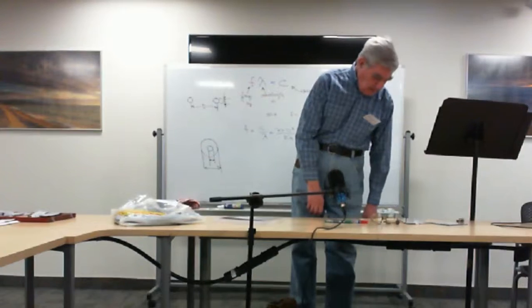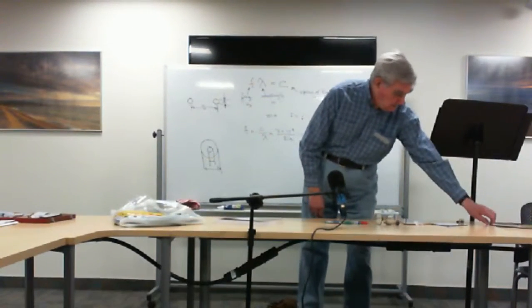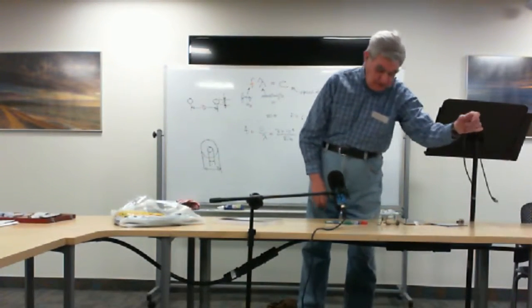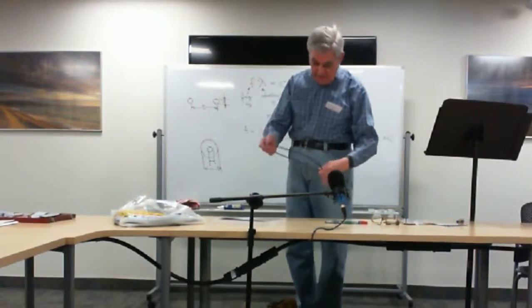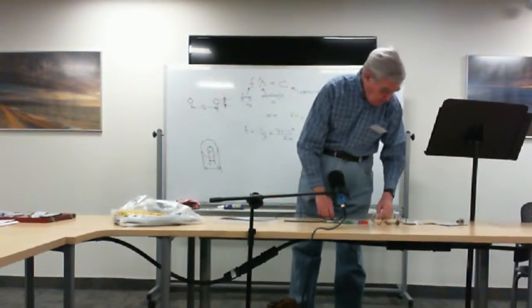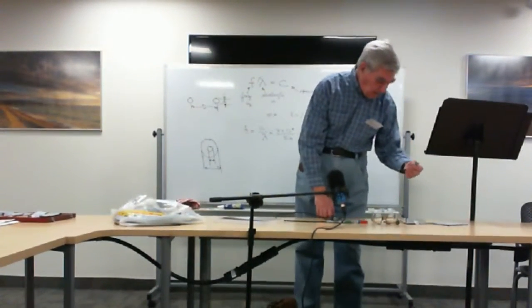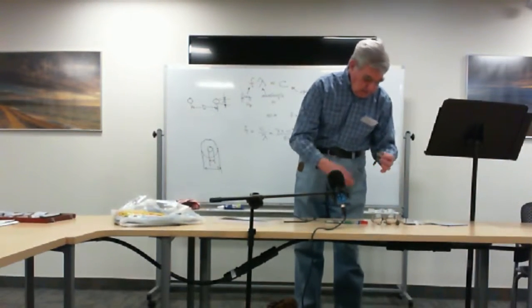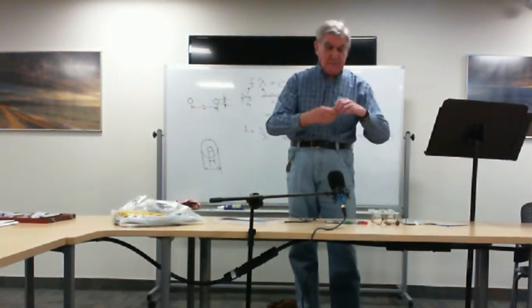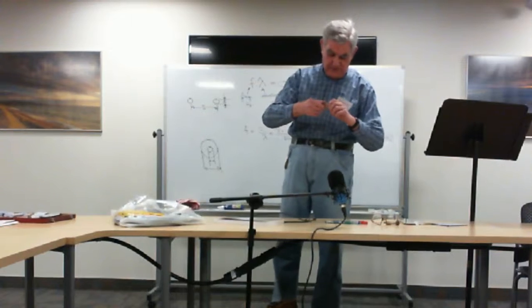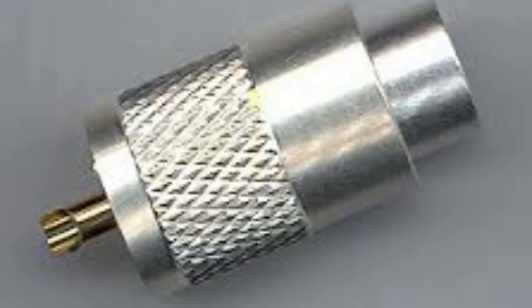I brought my coaxial cable back. I'll send it around again, along with some common connectors. The most common connector of all is what's known as the PL259, which is this, a male connector.